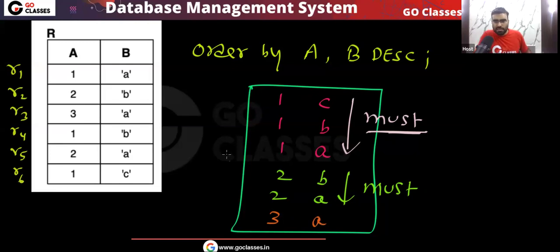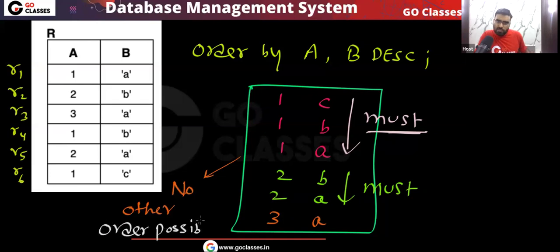So no other order is possible. Is this clear? No other order possible. I hope this point is clear. Understood? Is this point clear to everyone? So this will be the answer.